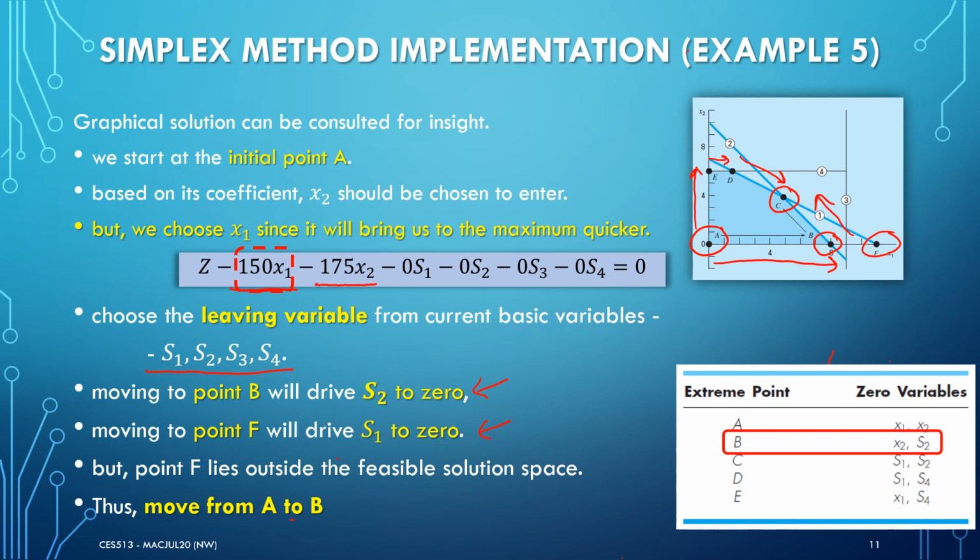But the graph also makes it clear that F is not possible because it lies outside the feasible region. Thus, we decide to move from A to B.